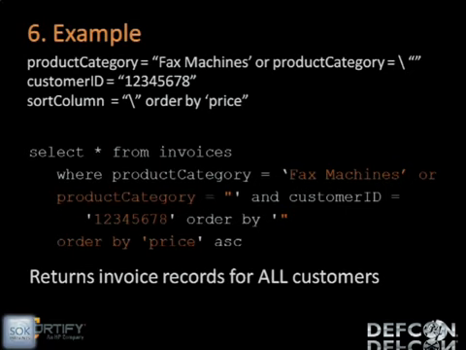And if you stare at it long enough, you'll see that we basically were able to get around the check against the customer ID. And what that means is you now are able to see invoice records for all of the customers rather than just one customer with customer ID 12345678, which was the intent behind the code.